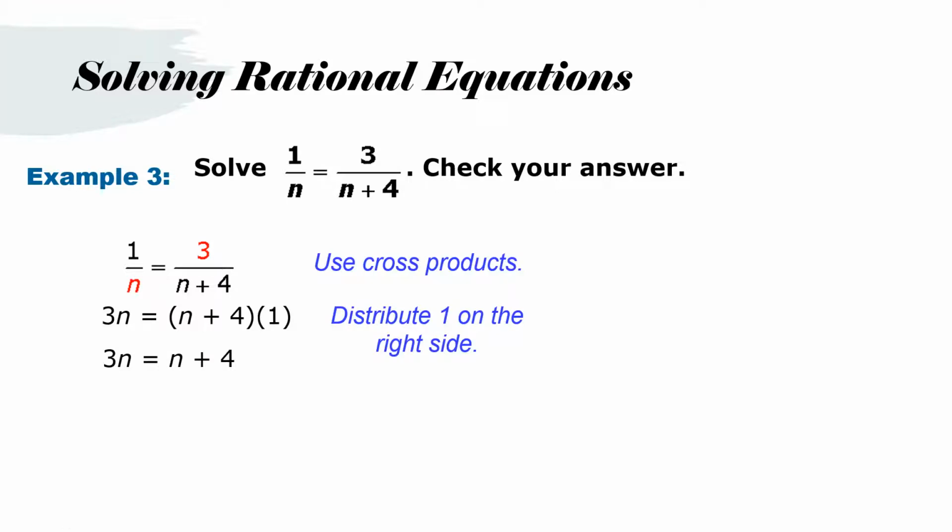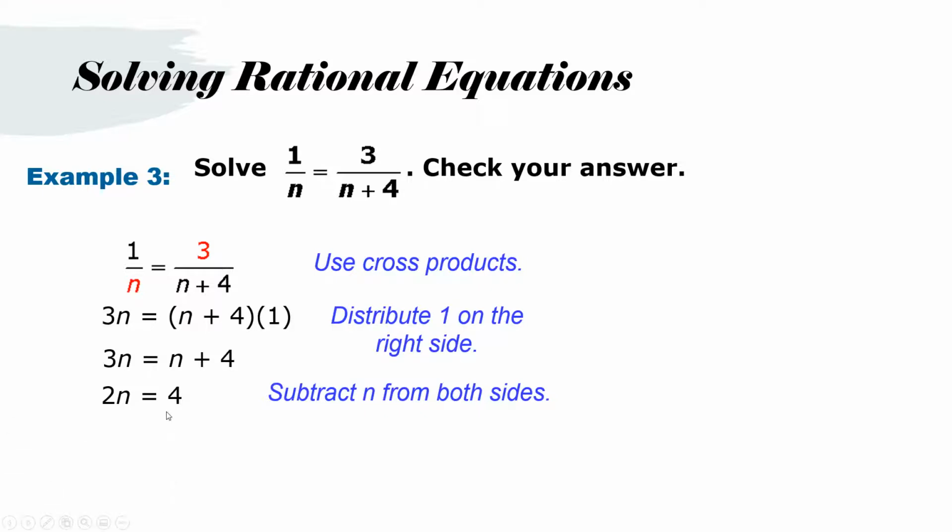So we have 3n equals n plus 4. Now, we have to subtract n from both sides of the equation. So, 3n minus n equals 2n. And n plus 4 minus n equals 4. So, we have 2n equals 4.